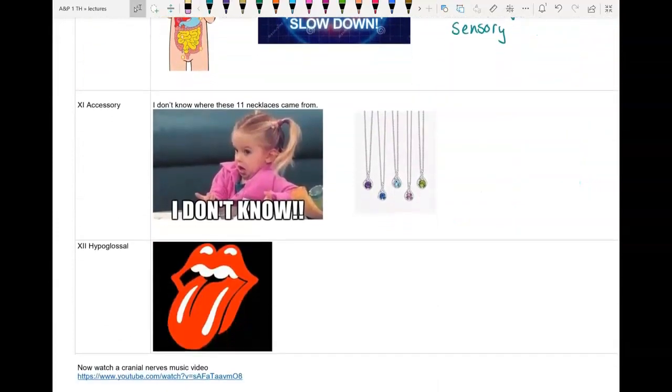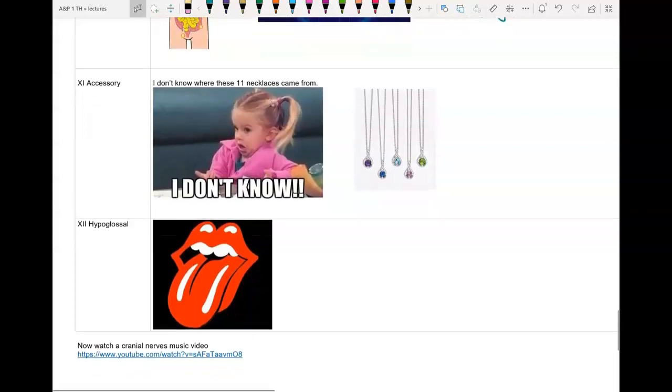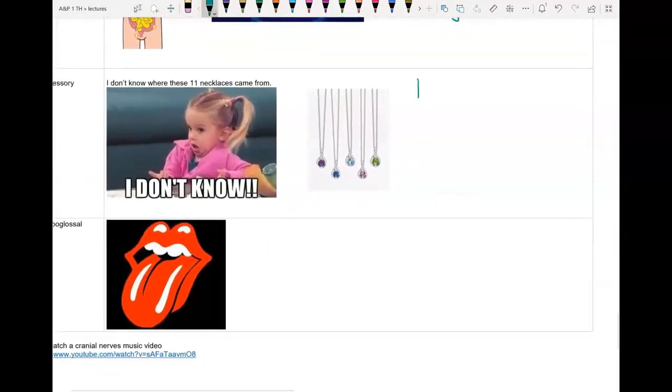Okay. Number 11 is the accessory. So I have the necklaces here because necklaces are an accessory. And this little girl is shrugging her shoulders and tilting her head. So this is two muscles. It stimulates the trapezius. This is the muscle that makes you shrug your shoulders.